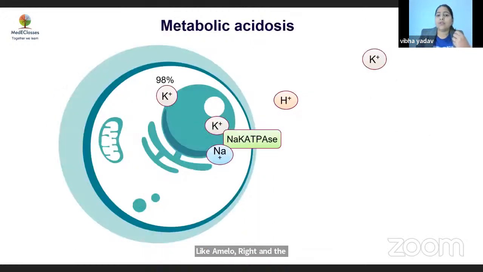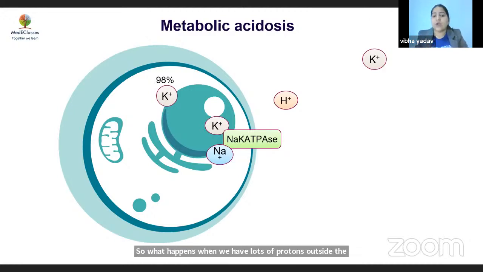Now coming to metabolic acidosis, as sir has already described, the cells are in a buffer state. It likes to maintain electrical neutrality in the body. So what happens when we have lots of protons outside the cell in metabolic acidosis?